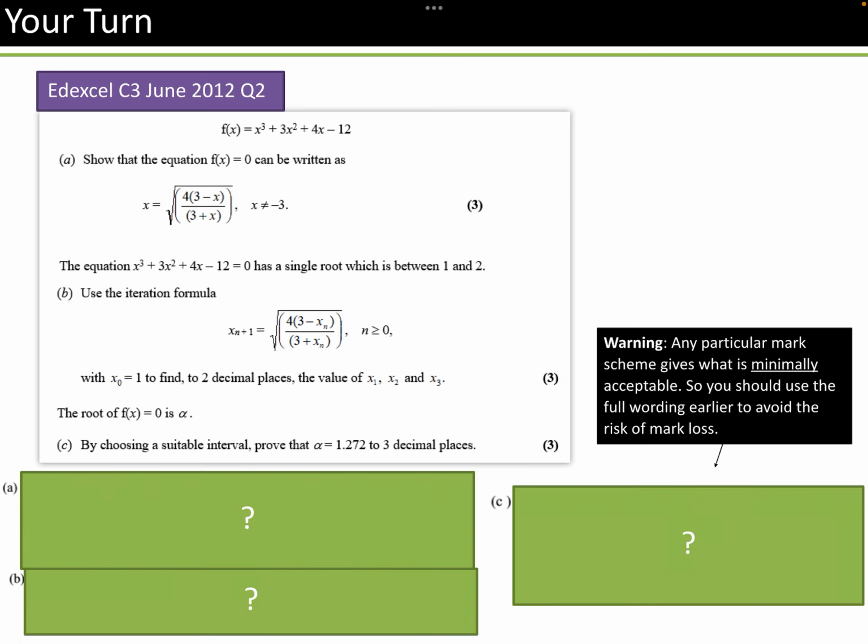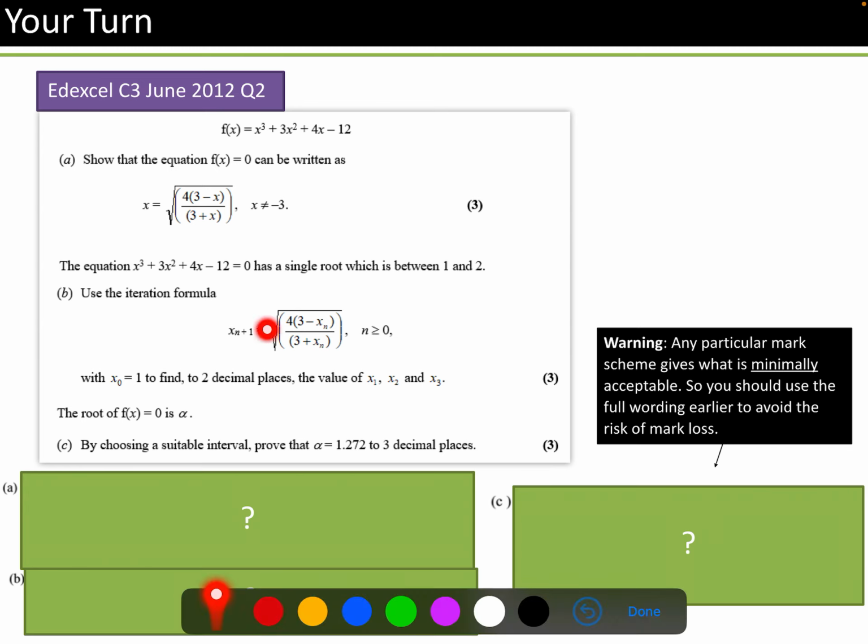So just before we go too much further, pause this video and have a quick go for yourself. It's got the part A that we started with at the start of this video, part B using the formula, and part C is really a throwback to the first video, okay? But hopefully you can see how this all ties together. So the idea is, this is a question, it seems to be about alpha being between 1 and 2, and it looks like when we do the formula, we should get a number very close to this.